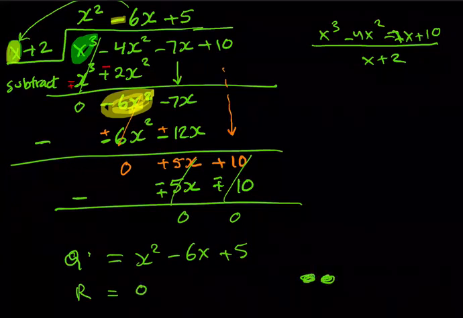And that's it. Okay? You can take a picture of it now, because when I go back to the slides, this will be deleted. I can't go back to it. So the quotient is x squared minus 6x plus 5, and remainder equals 0.